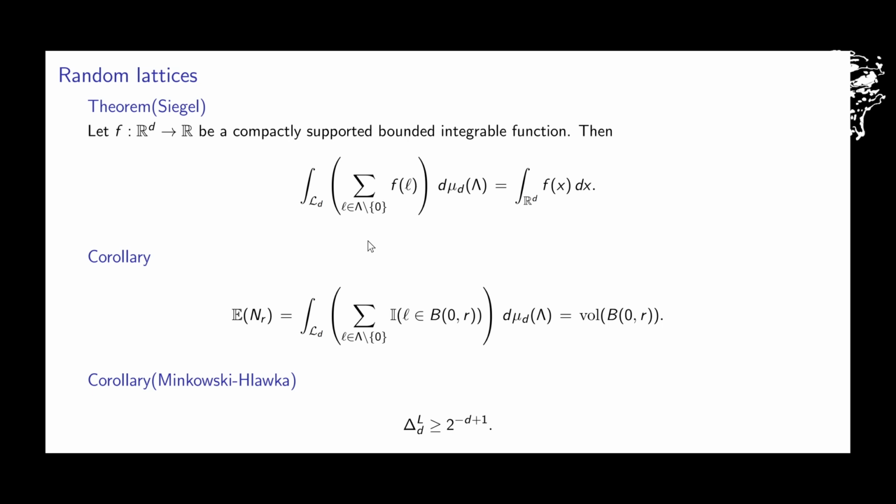Then we will have that the average number of points in a ball would be smaller than 2, and it means that there should be at least 1 lattice such that the number of points in a ball, not counting the 0, would be smaller than 2, and that means that the number is actually 0, because every lattice vector comes with its opposite.